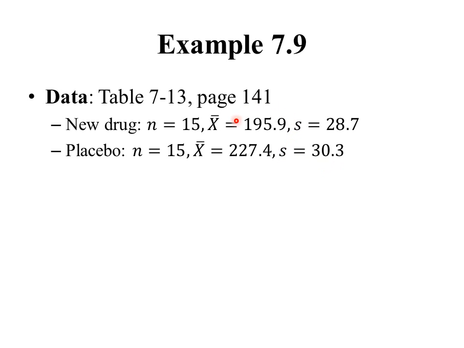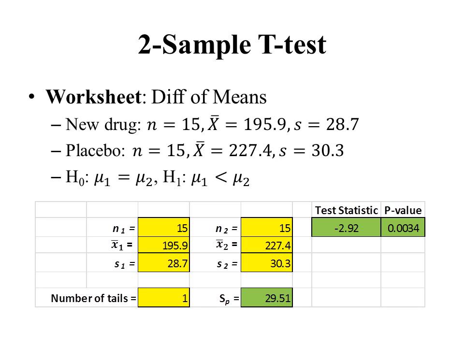Notice that this mean is indeed lower than this mean here. That's an indication that our drug is effective. But as always, we need to remember that this number is an estimate of mu1 and this number is an estimate of mu2. Just because this estimate is lower than this estimate doesn't mean for certain that mu1 is less than mu2.